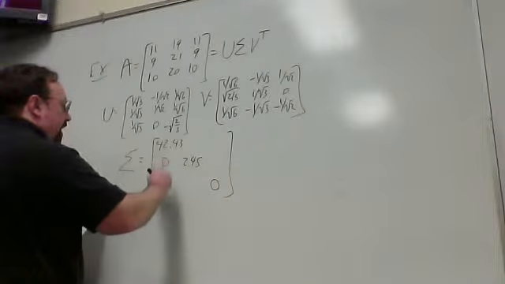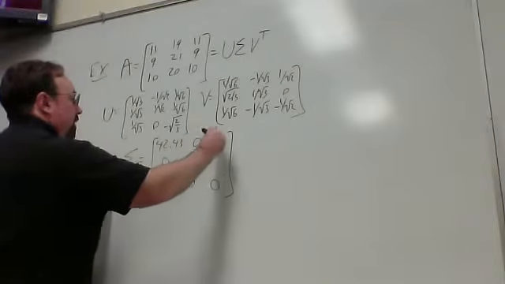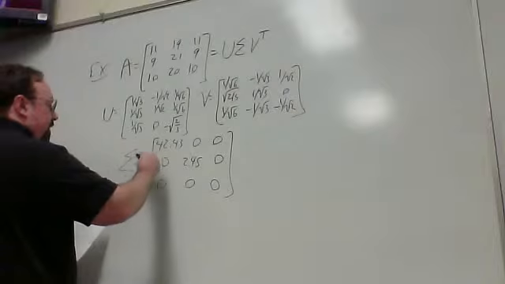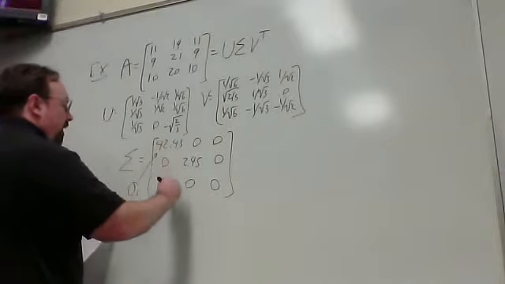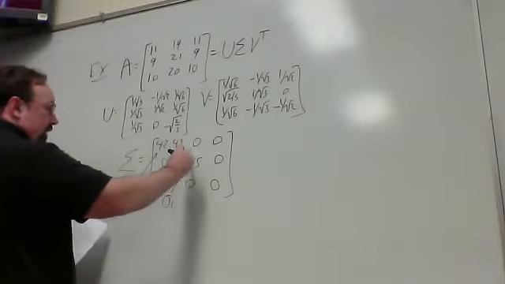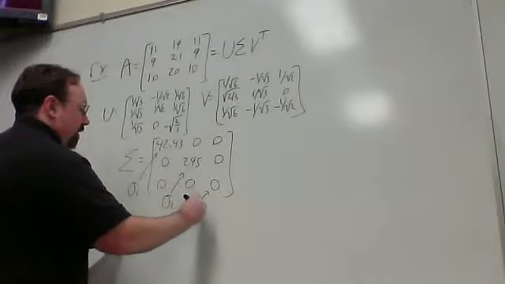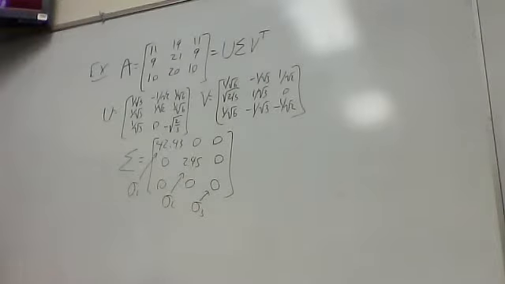And sigma is a diagonal matrix, so all the other entries are 0. So this right here is sigma 1, sigma 2 is this center element here, and the singular values are non-negative, they can be 0, so sigma 3 actually is 0. So in other words, this matrix is a singular matrix, because we have at least one 0 singular value.